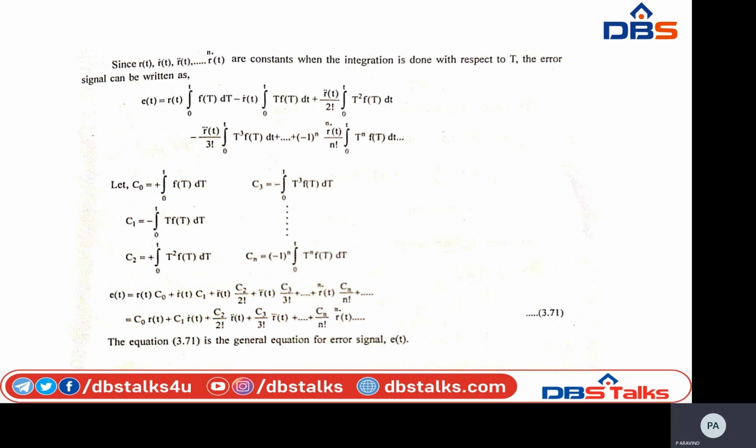So we are going to assume the first term equal to c0 and the second term equal to c1 and so on.